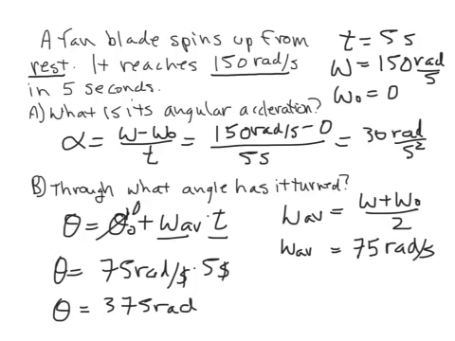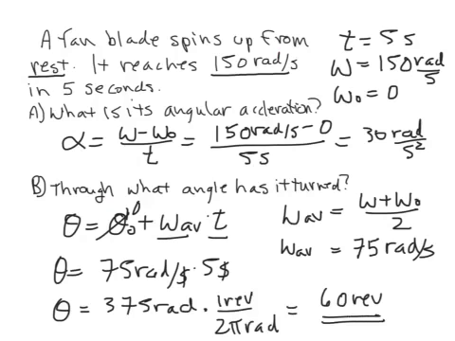If we wanted to see how many revolutions this was, we can multiply this by 1 revolution over 2 pi radians, and then we would get about 60 revolutions. So when spinning up from rest to 150 radians per second in 5 seconds, the fan does about 60 revolutions.